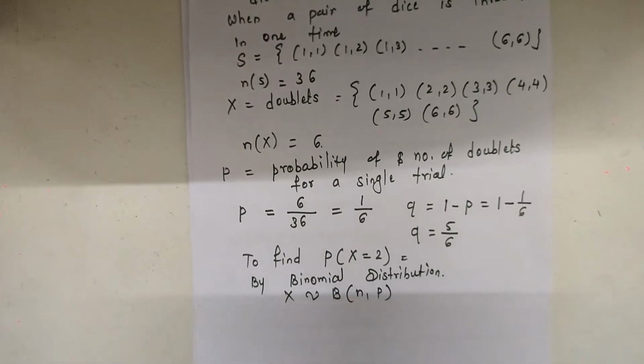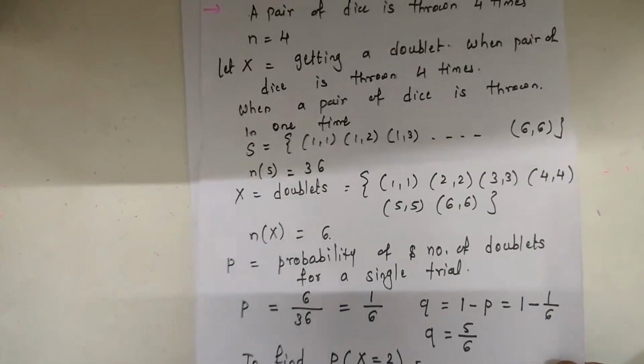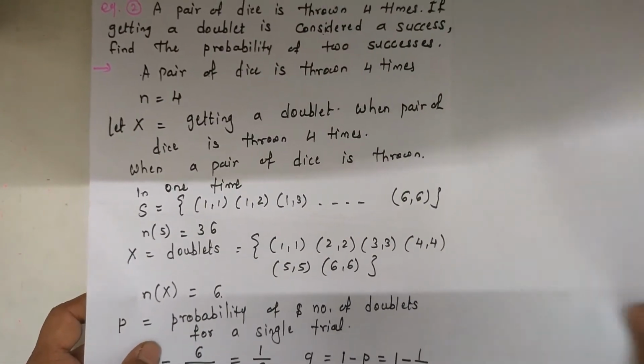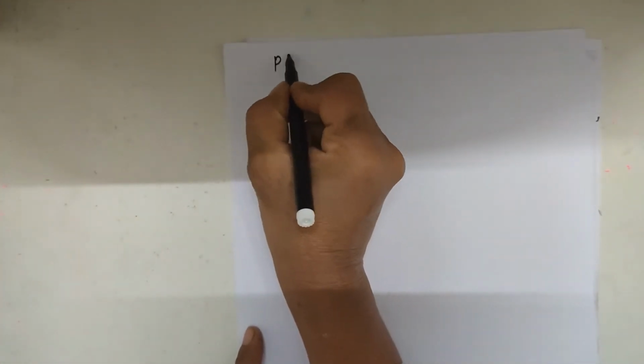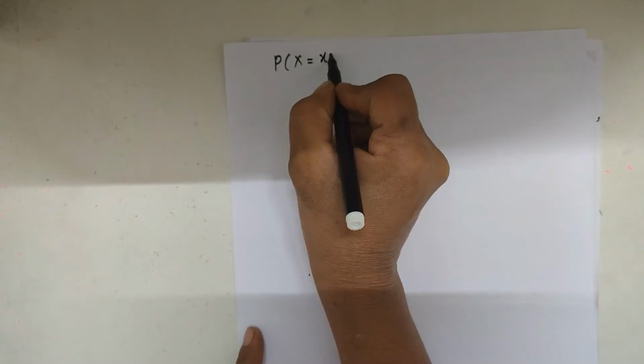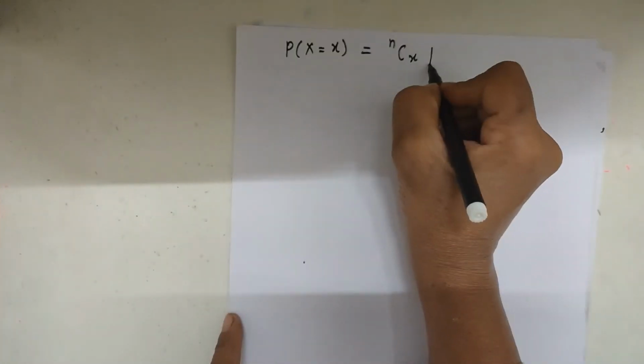Here n is the number of trials and p is the probability of success. Using the formula, the probability of x successes is nCx p raised to x into q raised to n minus x.